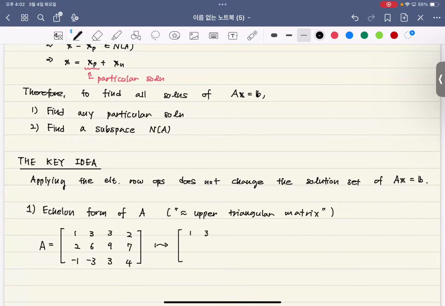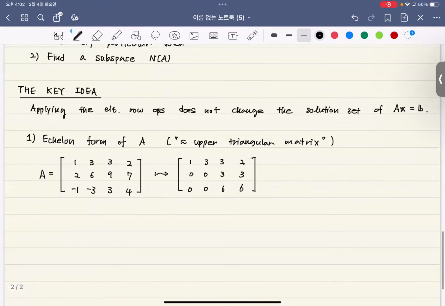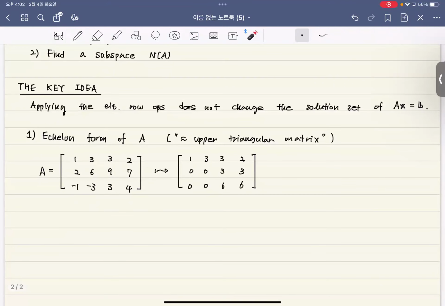Then the first row just carries over, but the second row becomes 0, 0, 0, 3 and 3, and the third row 0, 0, 6, 6. I happen to get rid of these two numbers too.